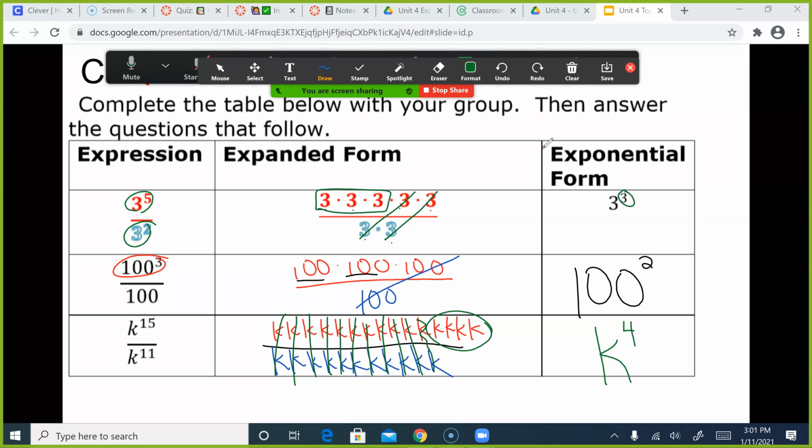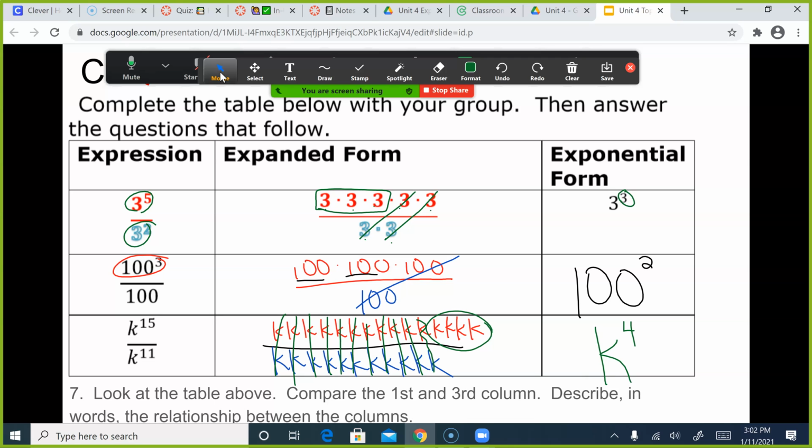Okay, so now comparing the exponents, look at the columns 1 and 3 and compare the exponents. So notice the first 2 exponents were 3 and 5, and I got 5 and 2, and I got a 3. This was a 3 and a 1. If nothing's there, it's a 1.